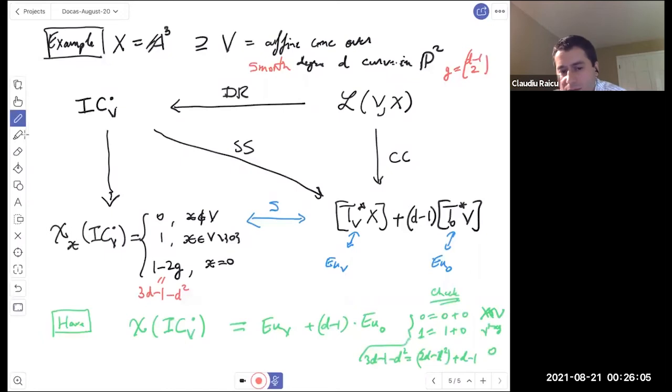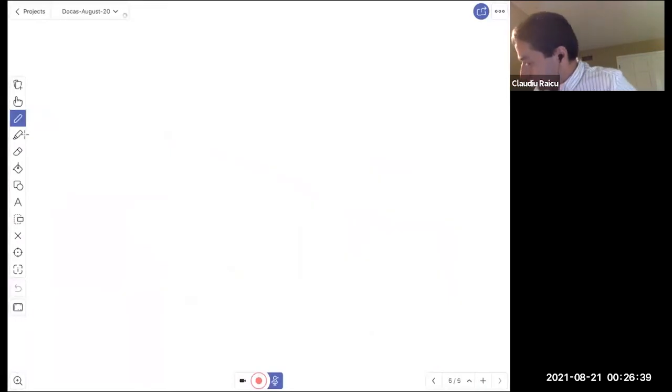And so really the way you should think about this diagram is you've got to know 2 out of 3 things in order to know all of them. So you need 2 of the following information: local intersection cohomology, characteristic cycles, or Euler obstructions. That's what the commutativity of this diagram is saying. I don't know which one you prefer, but I just told you what they are for the cones of the curve.